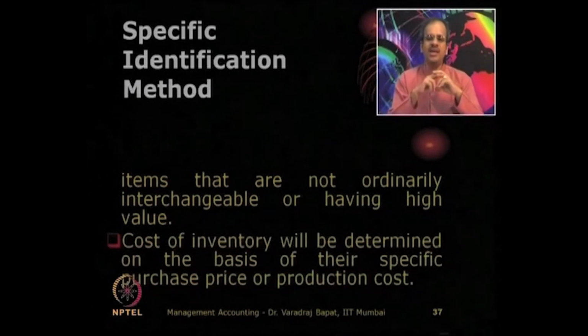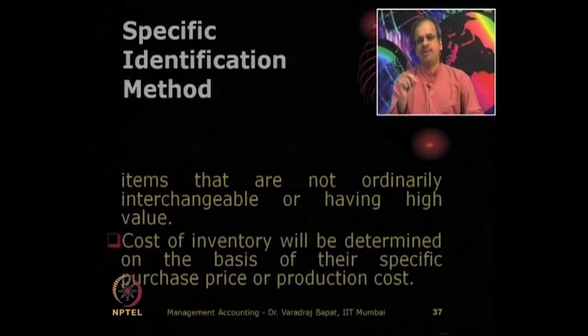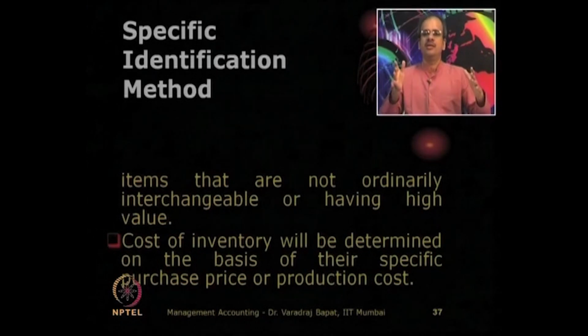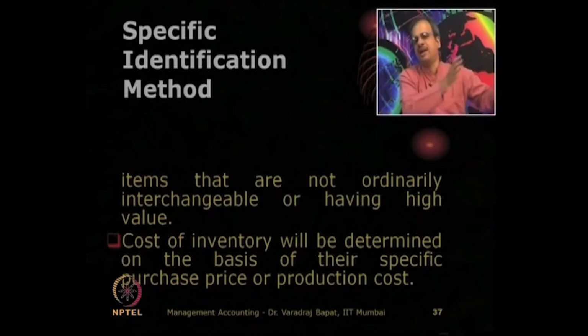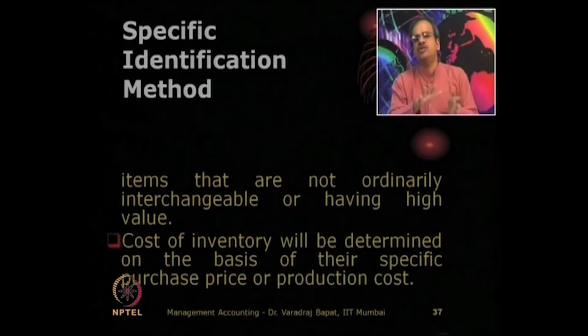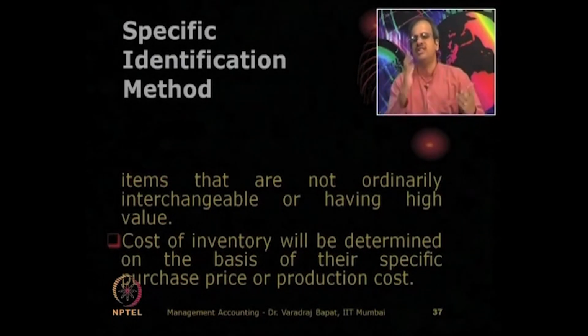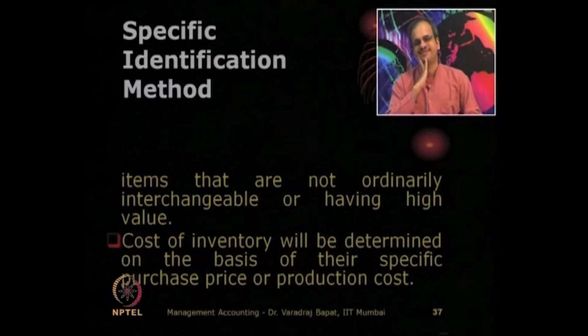Now, can you tell me for which items, for example, we can use specific identification? Just imagine the godowns of different types of industries, where some can use specific identification and some cannot. Can you think over which can and which cannot?